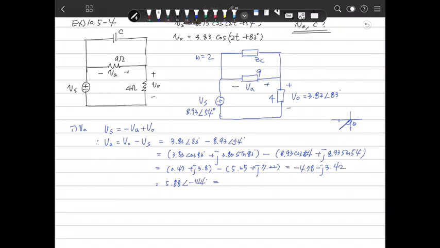So this can be rewritten as 5.88 at 216 degrees. Because VA is written here, we can rewrite it in the time domain as VA(t). Its magnitude is 5.88 cosine(2t minus 144 degrees), with the same omega. So we can calculate the voltage in this way.